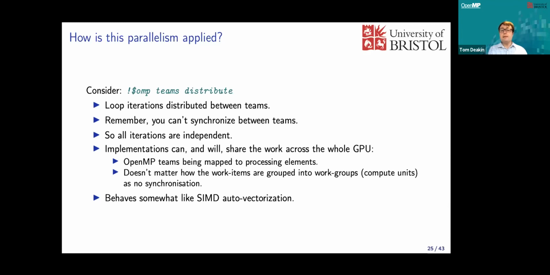That's implementation defined, because there's no synchronization between the teams at all, because it's not allowed. We get this large parallelism. So this behaves a lot like a SIMD auto vectorization approach, where we're saying all of these iterations are independent, and it just gets mapped to as much parallelism as is available on the device.